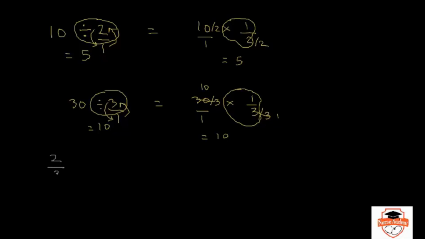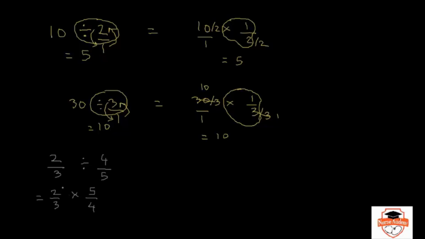Therefore, 2/3 divided with 4/5 is going to be the same as 2/3, change the division to a multiplication, flip over the divisor. So 4 over 5 changes to 5 over 4. And then if you can simplify, go ahead and do it before you multiply.